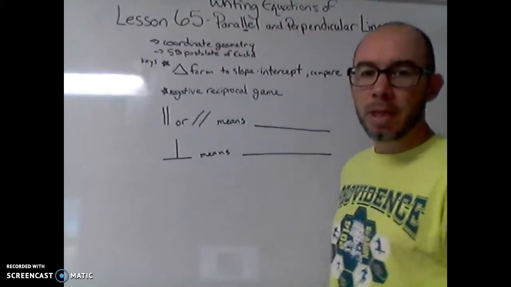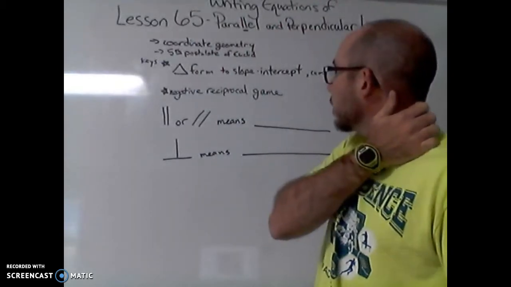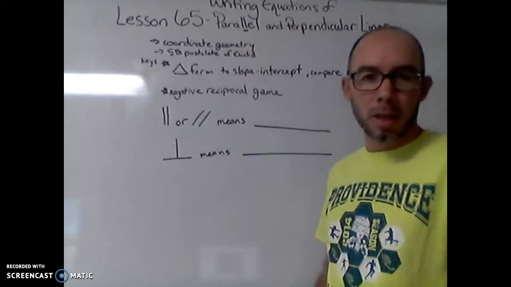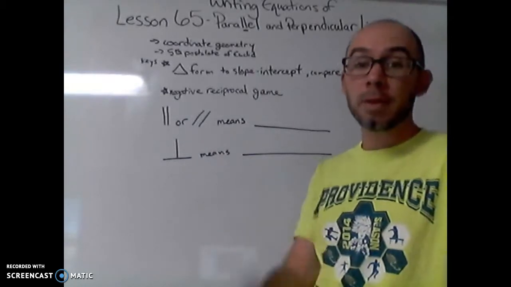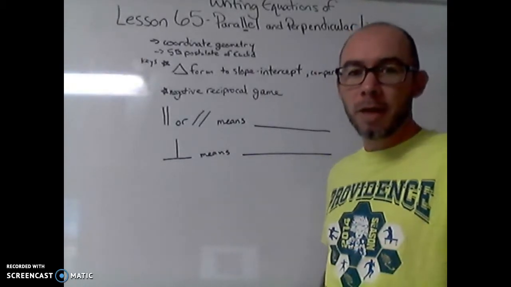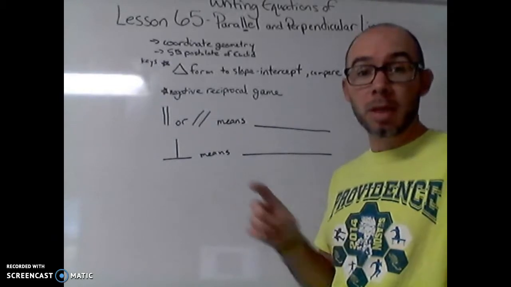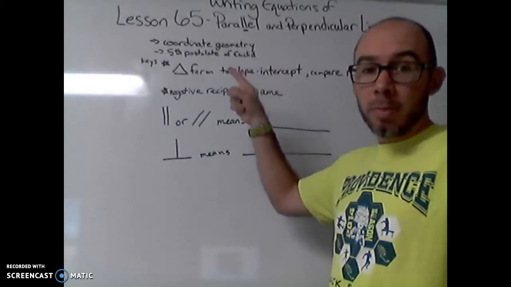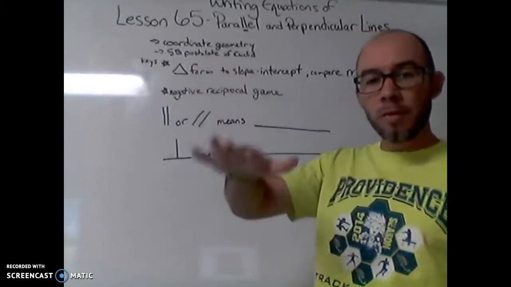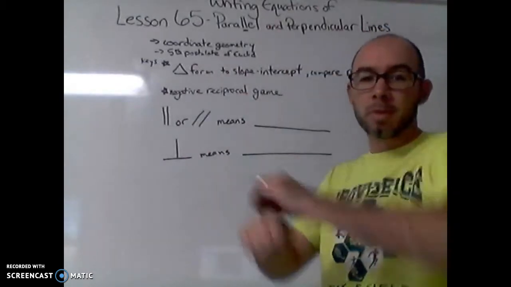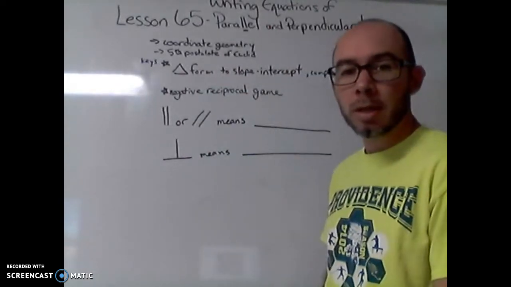Let's talk about a few details. There's a couple of things that this is going to lend itself to later on. If you're taking geometry next year, definitely you want to understand what we're doing today. We're going to be talking about how this overlap between algebra and geometry happens, and it's called coordinate geometry.